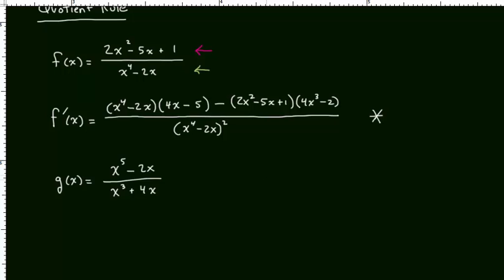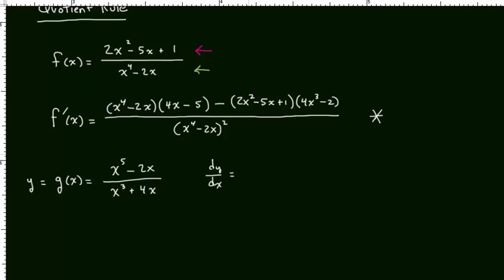Now we have g of x, and I want to use Leibniz notation. So let's say y equals g of x, and let's find dy dx, but this time let's show some intermediate work. Even though that's not required on an exam, let's just see how it would look.